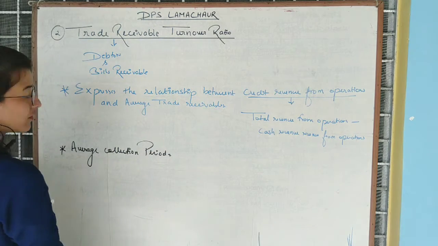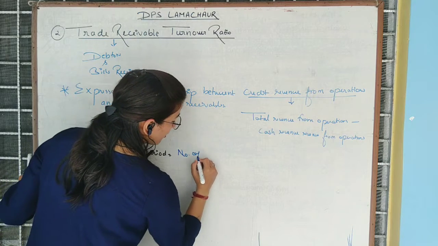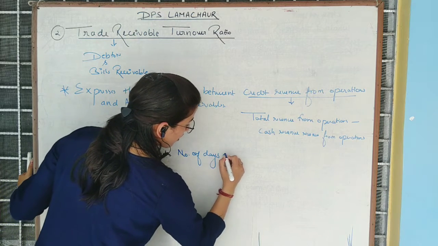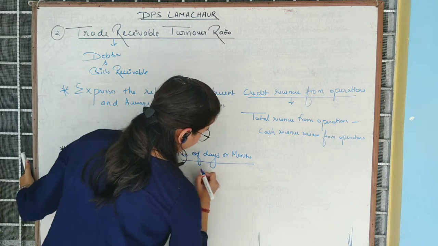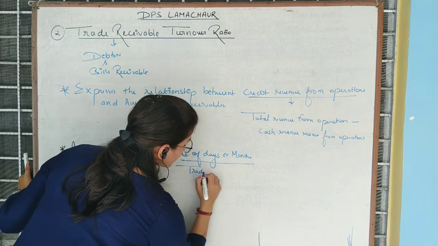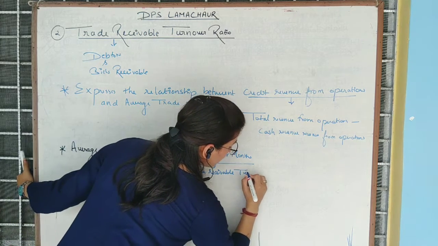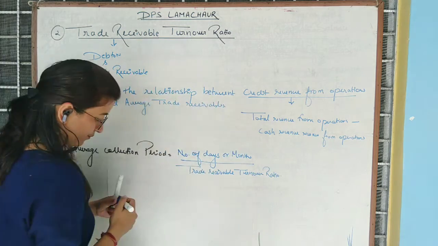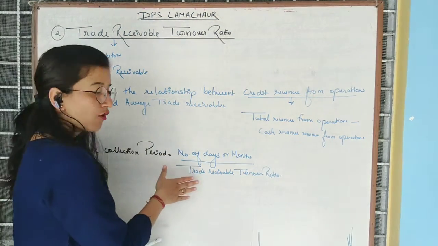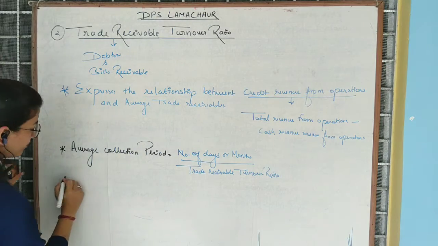And the formula to calculate average collection period is number of days or months divided by trade receivable turnover ratio.